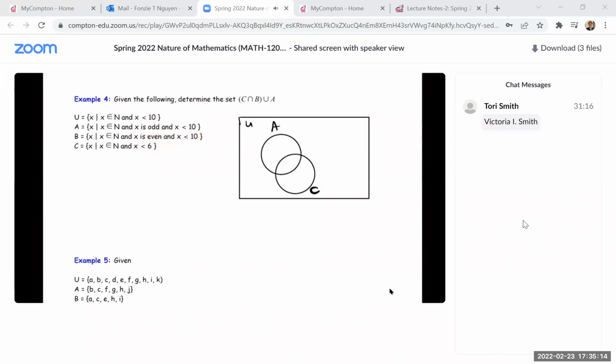So let's draw the picture more like this. All right, so this one is B. Now let's see, what does A and C have in common?